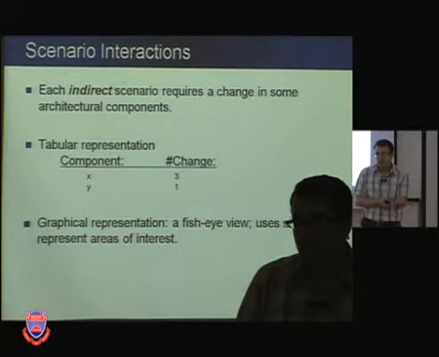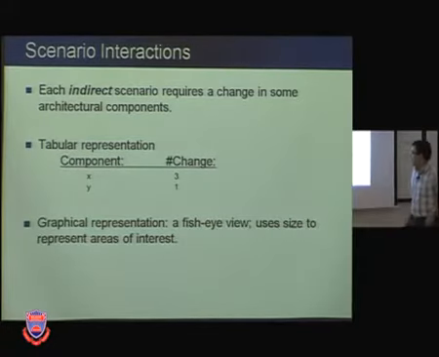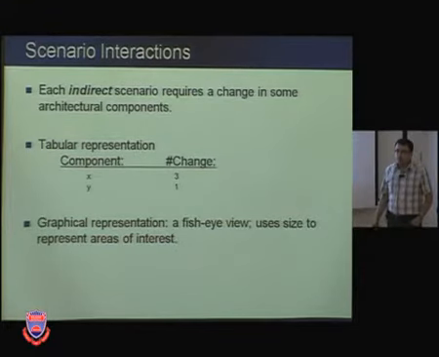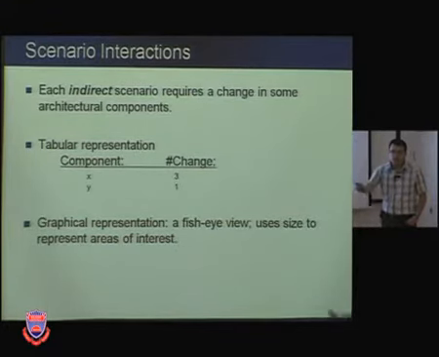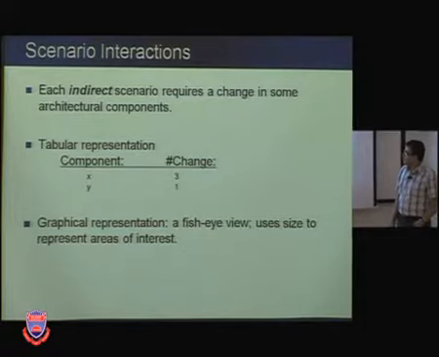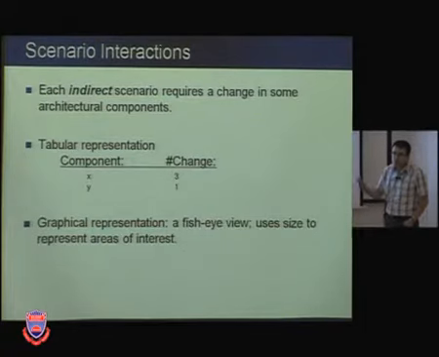Okay? If these multiple scenarios are distributed over all the components, then we have actually some coupling in these components, and this provides some indication about lack of separation of concerns.